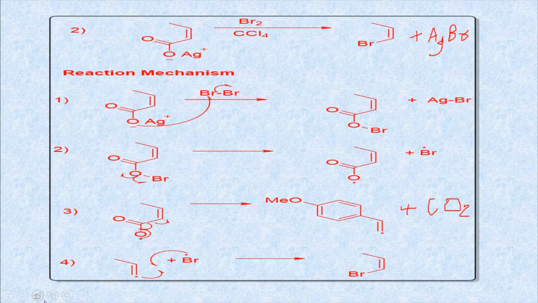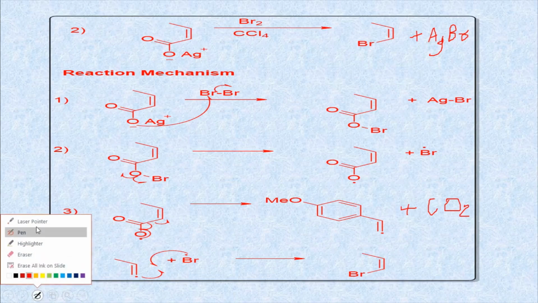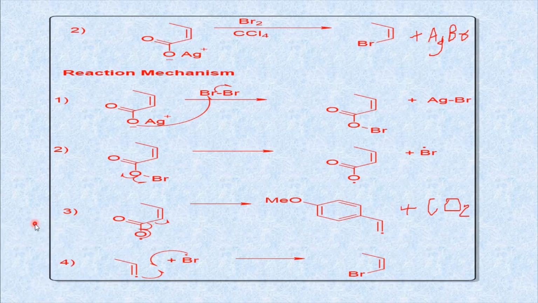So we'll get this AgBr. The reaction of this silver salt of carboxylic acid with Br2 in CCl4 gives the vinyl bromide and AgBr, and the reaction mechanism is very simple.